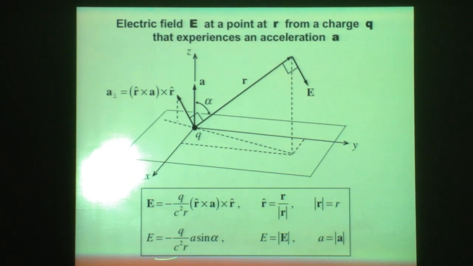So it's quite a simple calculation for any given point at any distance r in any particular direction from the origin. And the negative sign means that the electric field vector is opposite the perpendicular component of the acceleration vector.